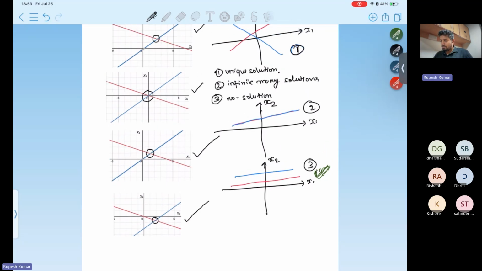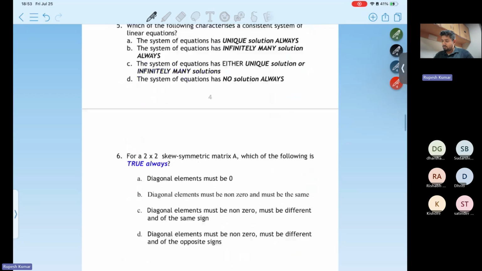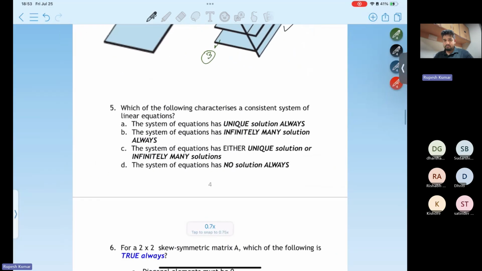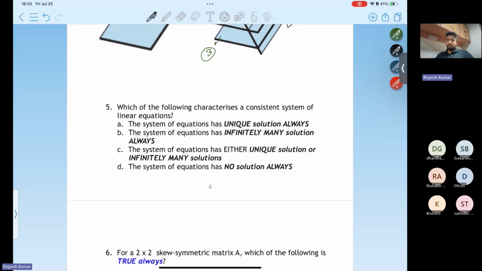So these are the three categories, and the question is which characterizes a consistent system of linear equations. By consistency, what do you mean? It means it has a solution, right? And which of these three categories belong to this? One is having a unique solution. Yes. Infinite. Yes. If you have one or an infinite number of solutions, you have a solution, right?